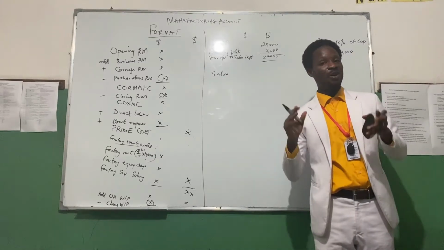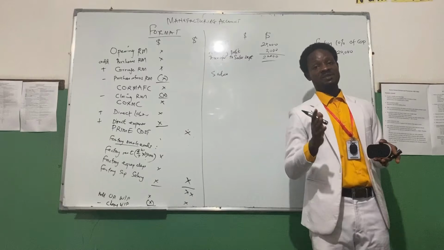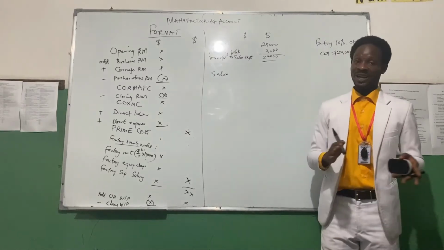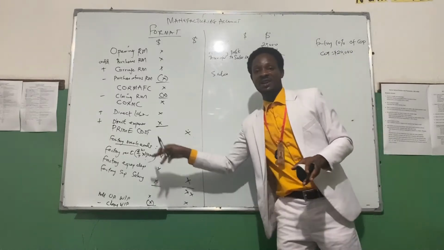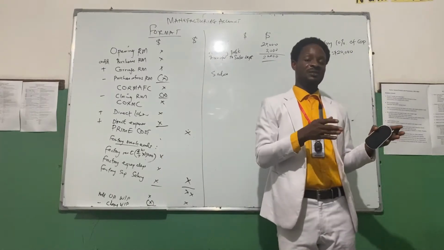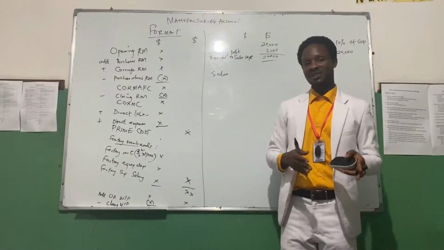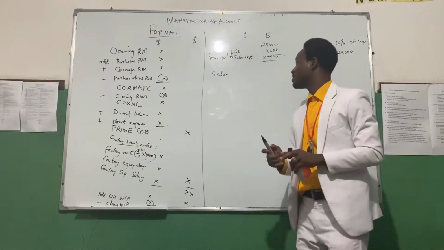All admin or office expenses, sales and distribution, administration expenses, are done as expenses. A factory cost is done here. Remember the apportionment we did the other time. The other half that deals with the office is taken care of in the income statement.